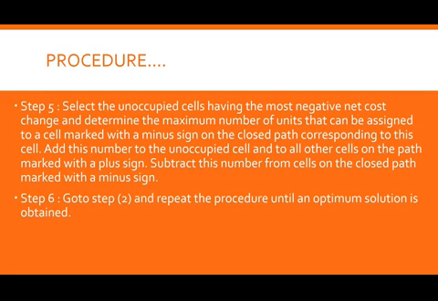So this will give me a new solution. A new transportation table will be obtained. Once the new transportation table is obtained, go to step 2 and repeat the procedure until the optimal solution is obtained. So this is your procedure of the stepping stone method.